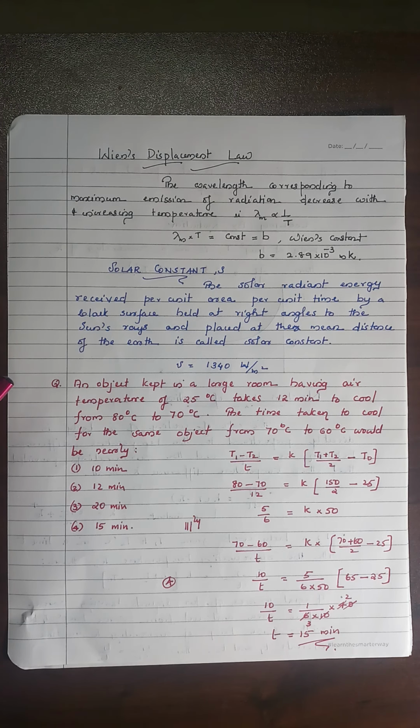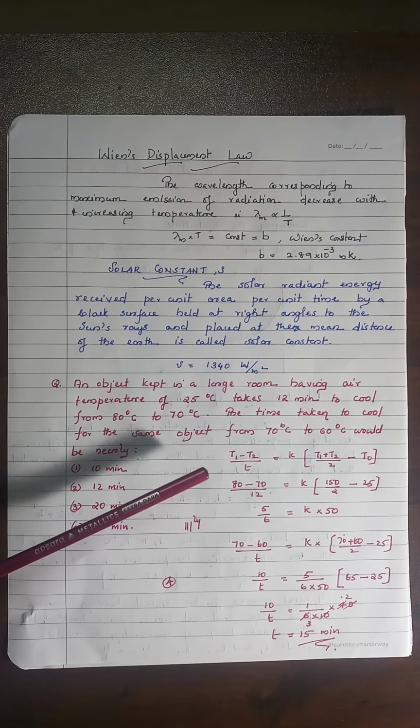We can go with some problematic situations. A good NEET question: an object kept in a large room having air temperature of 25 degrees Celsius takes 12 minutes to cool from 80 degrees Celsius to 70 degrees Celsius. The time taken to cool the same object from 70 degrees Celsius to 60 degrees Celsius would be nearly?